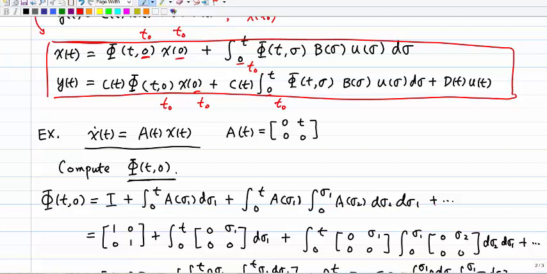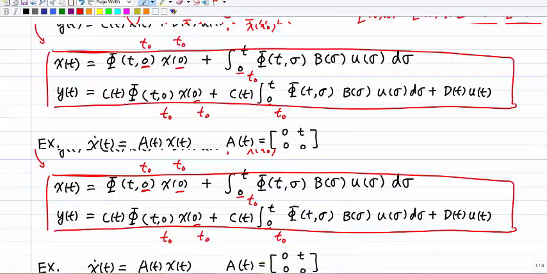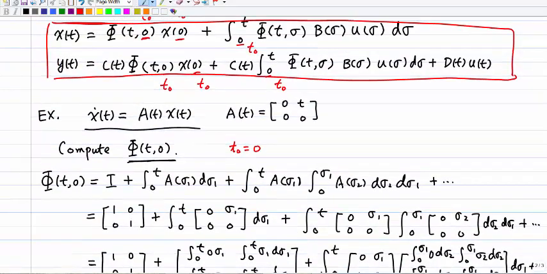That's the Peano-Baker series. Here the initial time is 0. Above I had a general initial time; now I have a zero initial time, so it's a little bit easier to do.